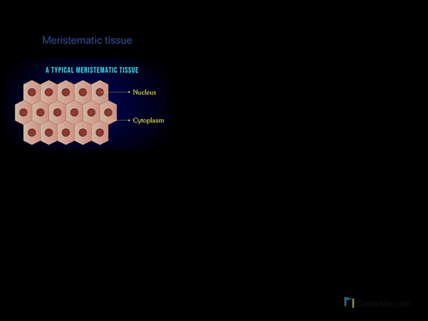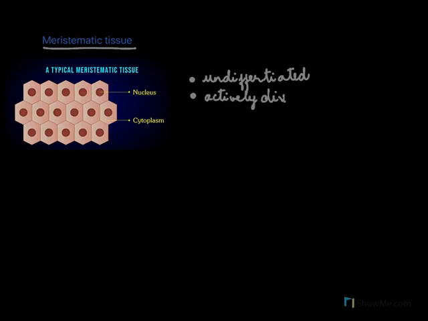The first plant tissue that we're going to learn about is the meristematic tissue. Here is a picture of the meristematic tissue. As you have seen, all the cells are similar. So we say the cells of the meristematic tissues are undifferentiated. Undifferentiated means they're all similar. The next point is they actively divide.